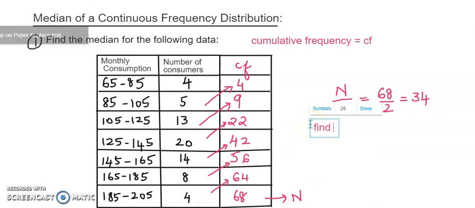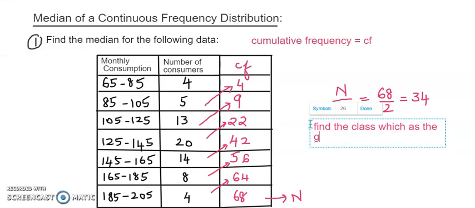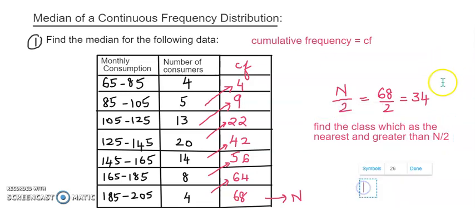Now how to select the median class? You have to find the class whose CF is the nearest and greater than N by 2. So what do I mean by that?